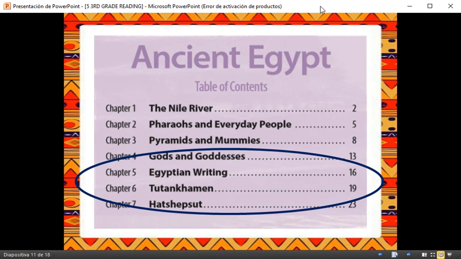Remember, today we are going to finish the book. We are going to read chapter 4, Gods and Goddesses, chapter 5, Egyptian Writing, chapter 6, Tutankhamen, and chapter 7, Hatshepsut. Okay, so let's start.